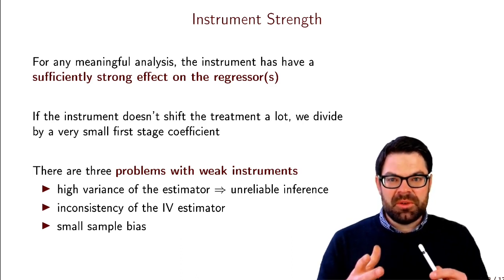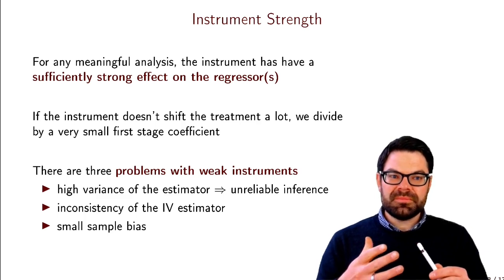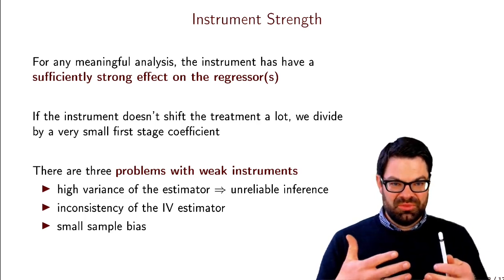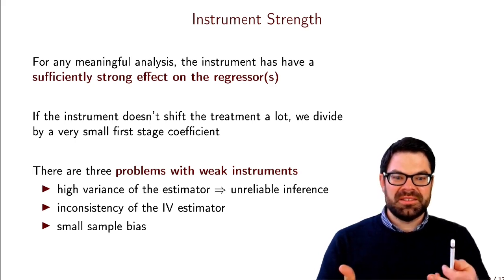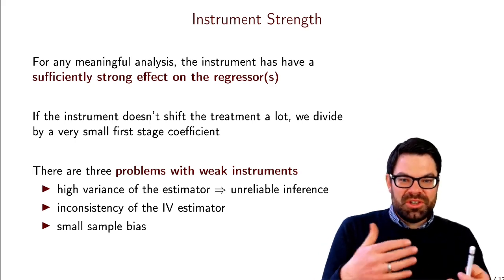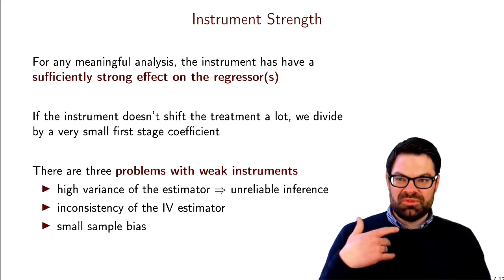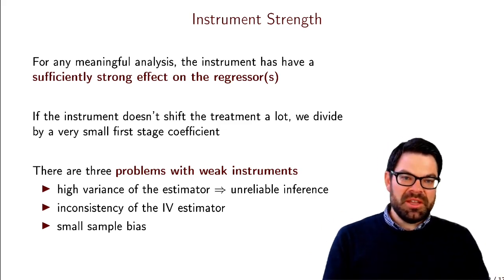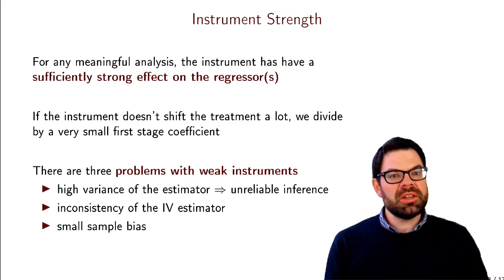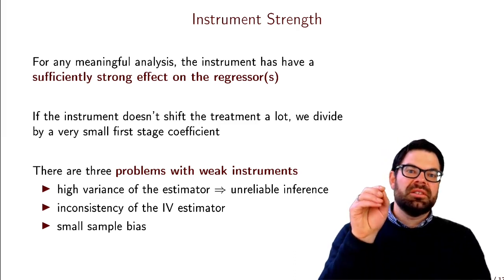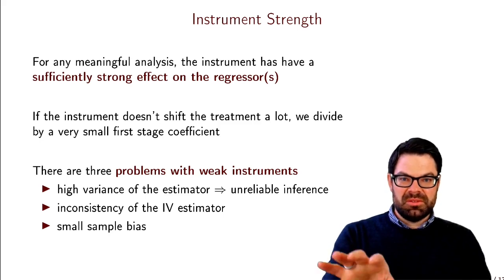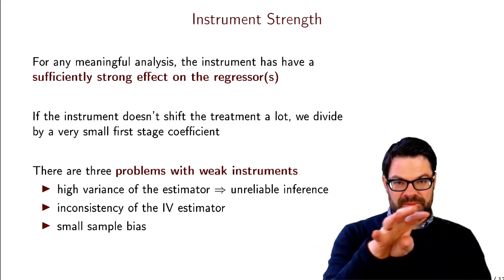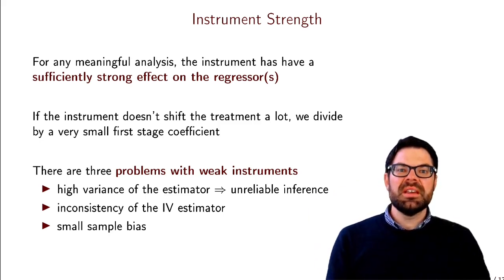And it turns out that this is actually not as easy to do as one might think. The traditional way of doing this was to run exactly the regression that I mentioned. So to run basically a first stage regression, look at the coefficient of the instrument, or if there are more instruments, look at the joint significance of those coefficients.